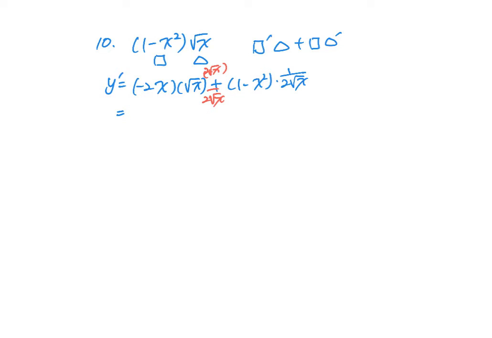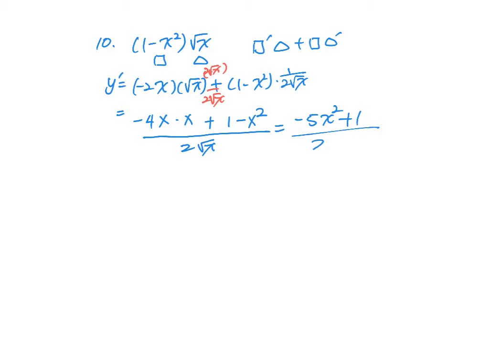So the top will become negative 4x times another x plus 1 minus x squared, all over 2 root x. So you have a negative 4x squared plus negative, so it'll be negative 5x squared plus 1 over 2 root x. And that is the correct answer.